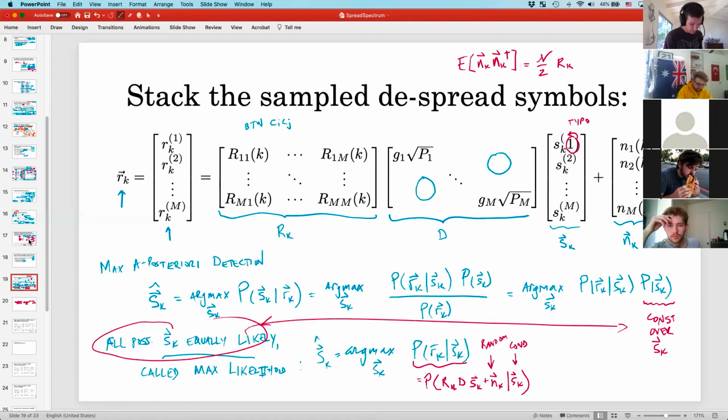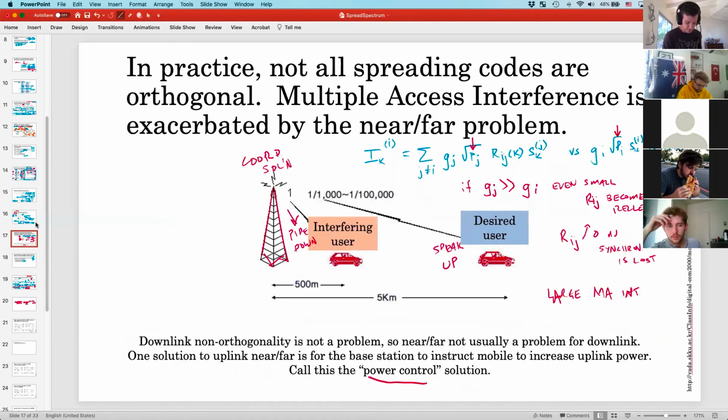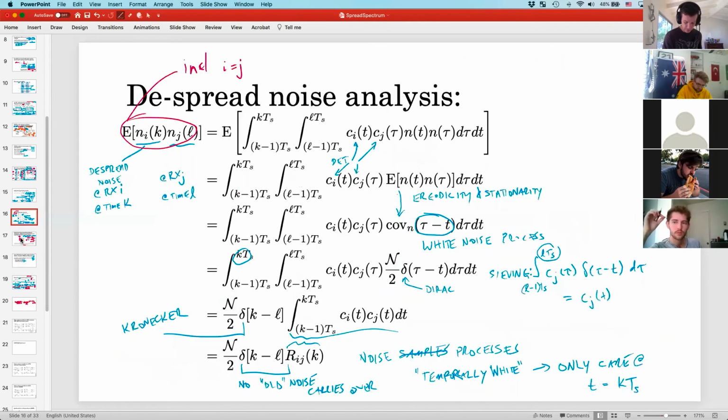Well, I think if we scroll back to, yeah, this slide. So again, this is like the expectation of each element of n_k with another element of n_k. And so this value is going to be sitting in here, where this is the ith row and the jth column.